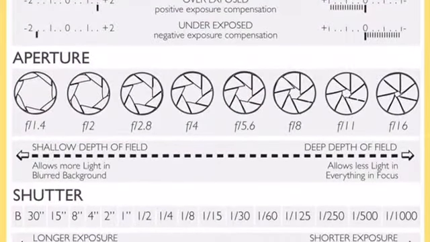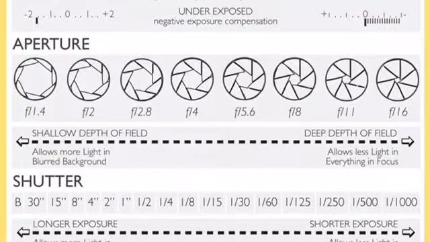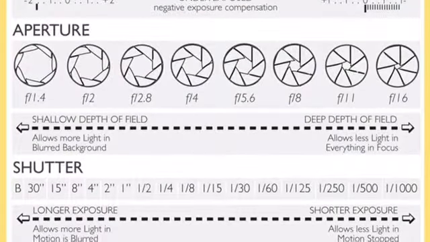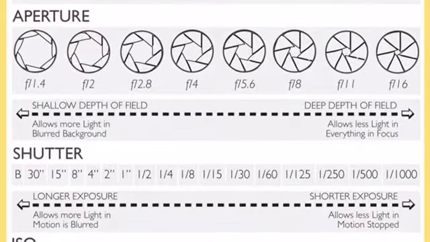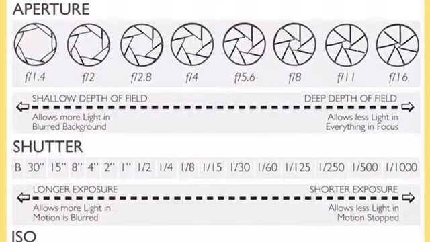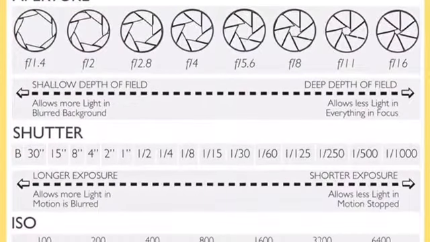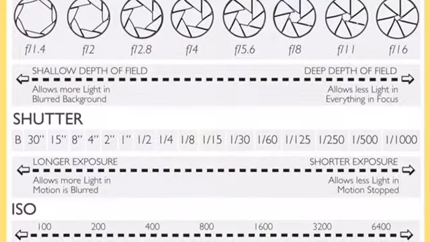Here's our shutter speed. It lists all the available shutter speeds. And remember, with the longer shutter speeds, you're always going to want to use a tripod or something to steady your camera, or you're going to have a shaky, blurry picture that you're just going to want to throw away.